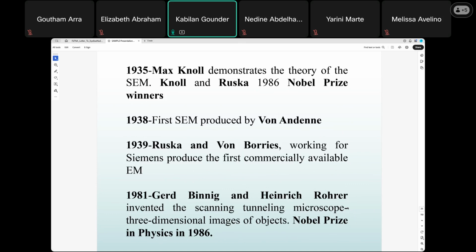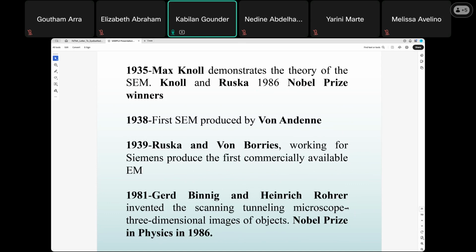So Knoll and Ruska got the Nobel Prize in 1986. Also in 1938, the first scanning electron microscope was produced by von Ardenne. During 1939, Ruska and von Borries were working together and developed the first commercially available electron microscope.